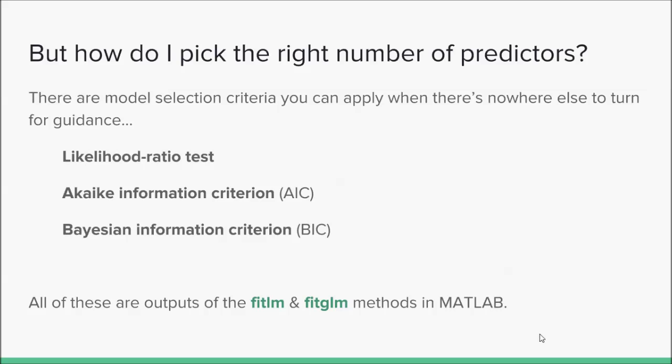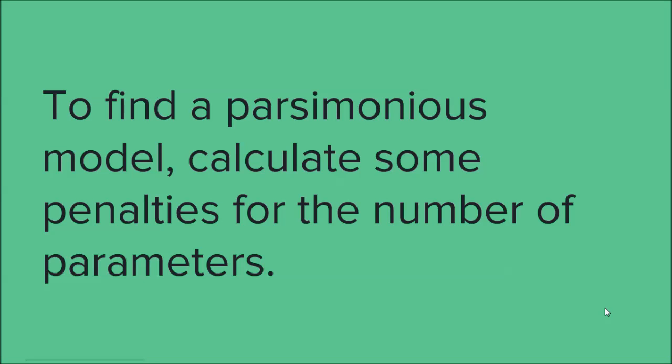For example, with the linear model fitting methods that Vlad reviewed in the previous lectures, fitlm and fitglm, the outputs actually have an ability to spit out the log likelihood and the AIC and BIC, which is pretty cool. So the new statistics package in MATLAB is pretty awesome. All right, so to find a parsimonious model, calculate some penalties for the number of parameters.